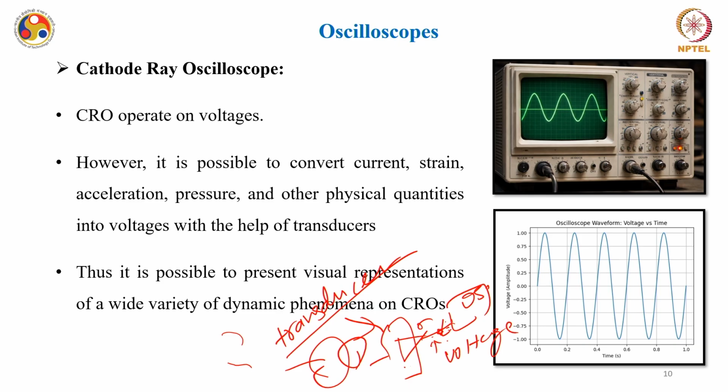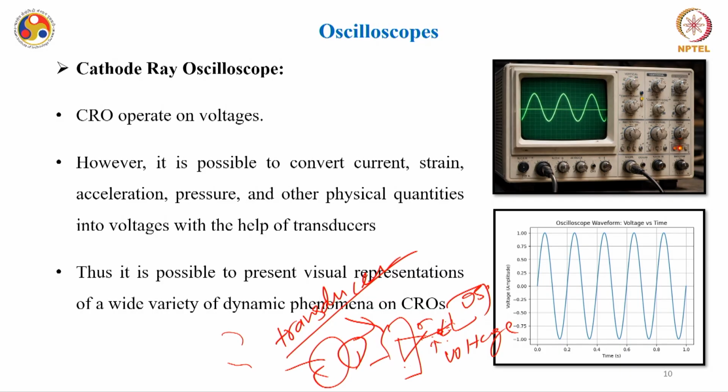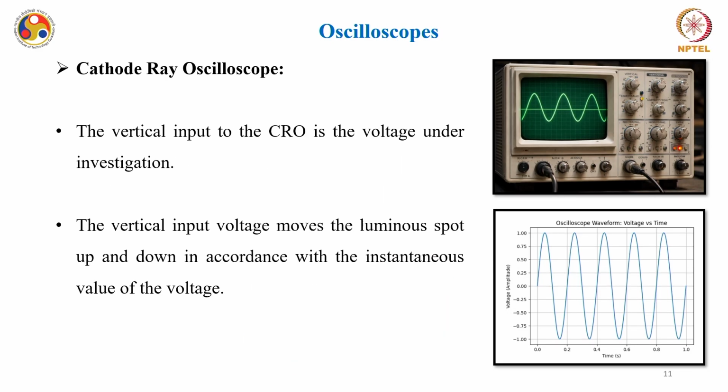Okay. So, whatever kind of signal you have, the conversion from that to voltage is always possible with the help of these transducers. It means that it is possible to present visual representations of a number of signals or a variety of dynamic phenomena on the CROs. The vertical input to the CRO is the voltage under investigation, and the vertical input voltage moves the luminous spot up and down in accordance with the instantaneous value of the voltage.